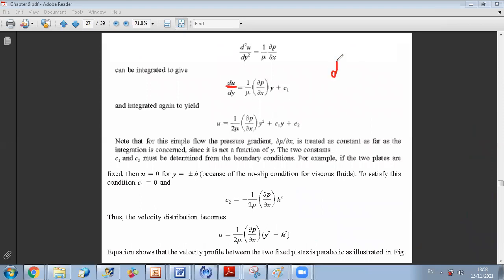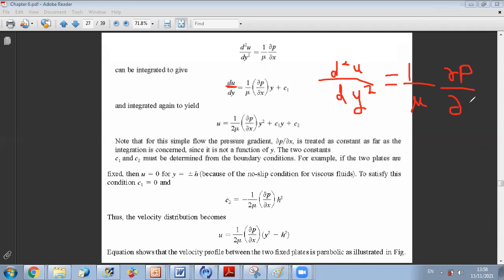So you can say that the second derivative of u with respect to y is equal to, if you take mu to the other side, 1 over mu times del P by del X. And as we said, del P by del X is a constant.